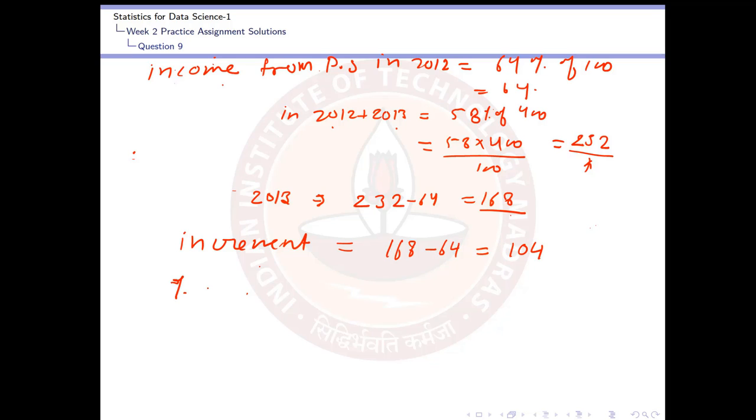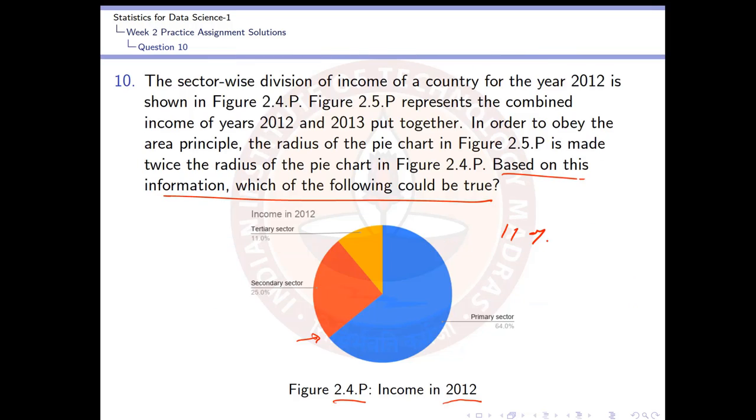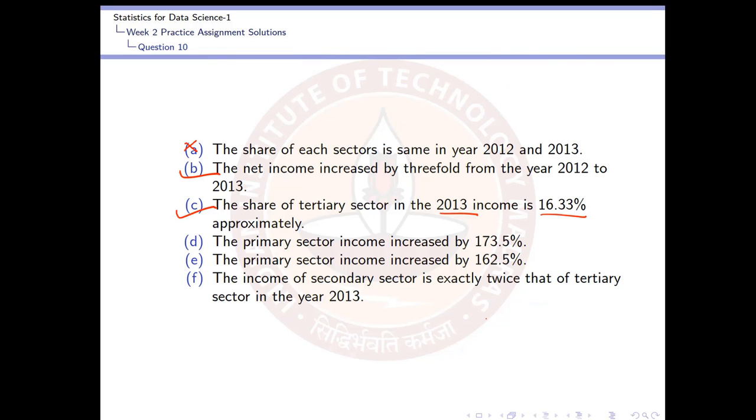And the percentage of increment will be the increment upon the initial income, that is the income in 2012 from the primary sector, that is your 64. And as we are calculating percentage, it will be 162.5. That is your percentage increment. So the right answer is E. B is wrong. Primary sector income is increased by 162.5%.